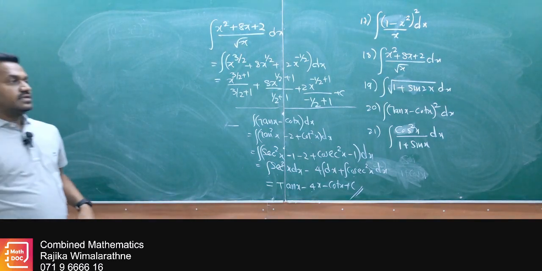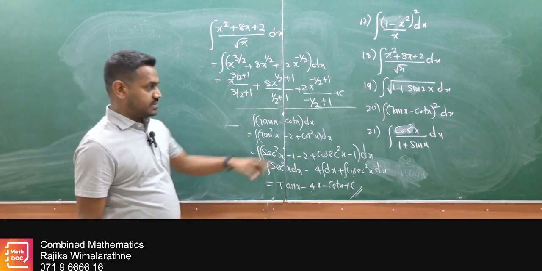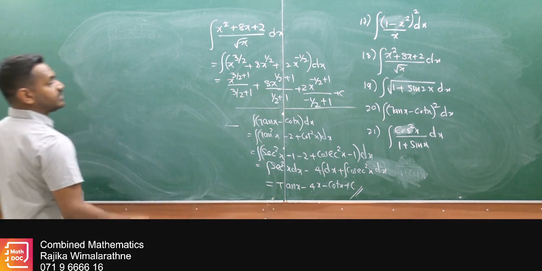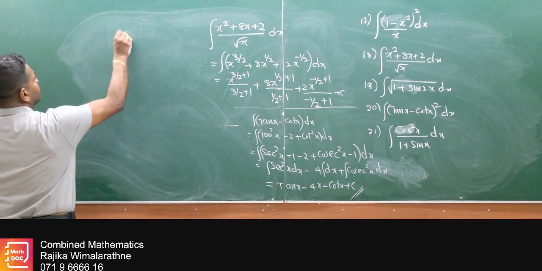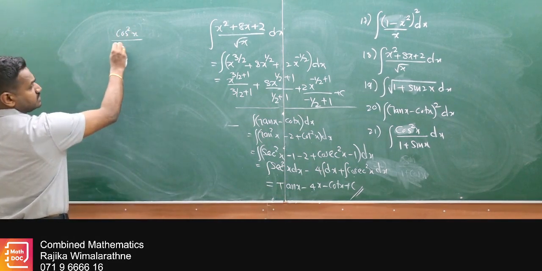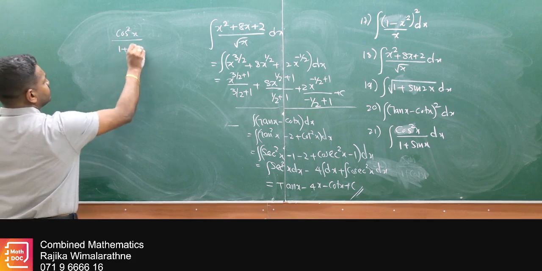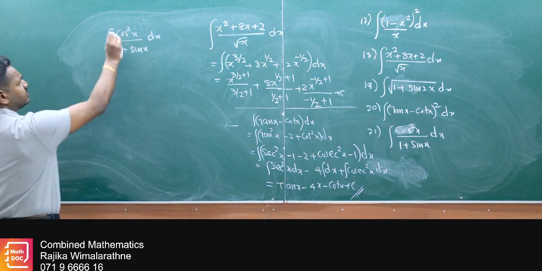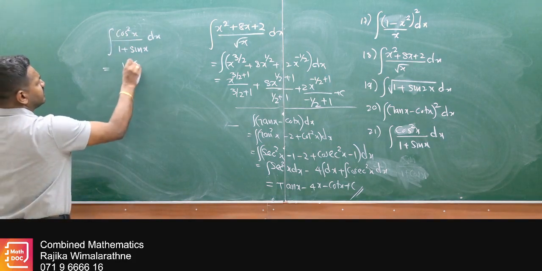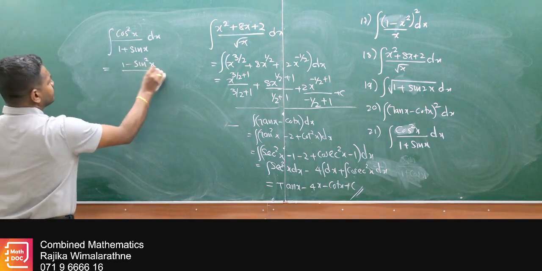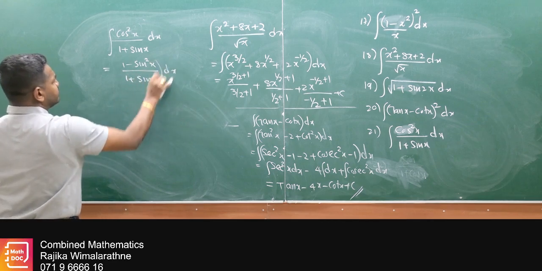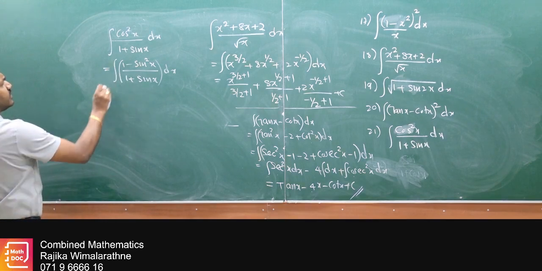Okay, the last one: you don't know integration of a division, quotient type. Then you need to simplify. Cos squared x over 1 plus sin x, you do it this way. Within the integral, you can do simplification. Cos squared is 1 minus sin squared x, over 1 plus sin x. Because of the denominator, we have doubt.